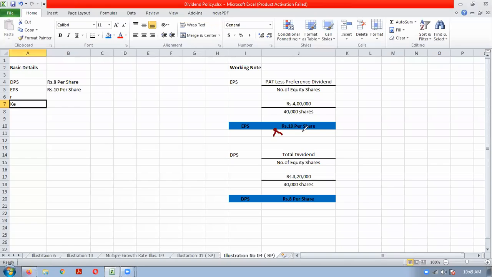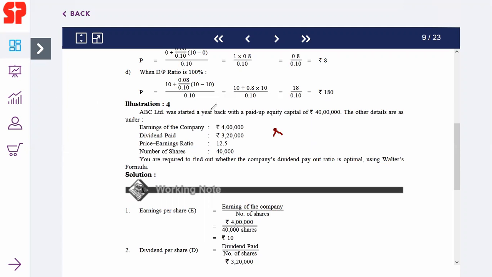Now two things we require. See, R and KE, both are not given in the question, but we can calculate from the details given in the question. What will be the rate of return on investment? That is R. And how we can calculate the KE, cost of equity?